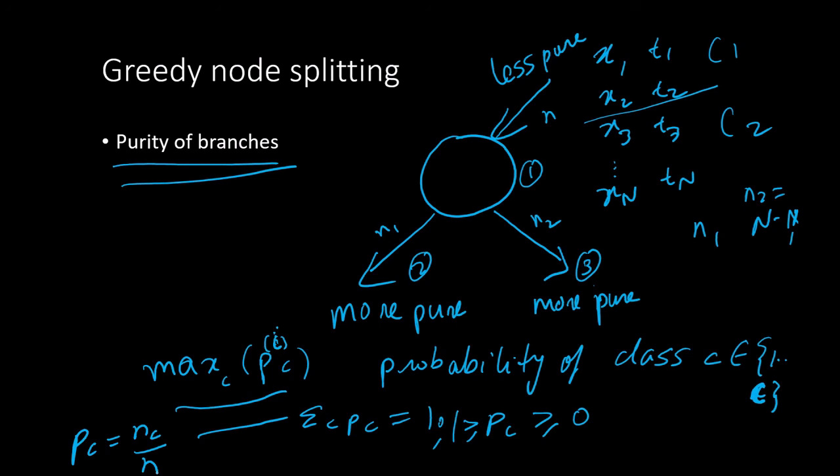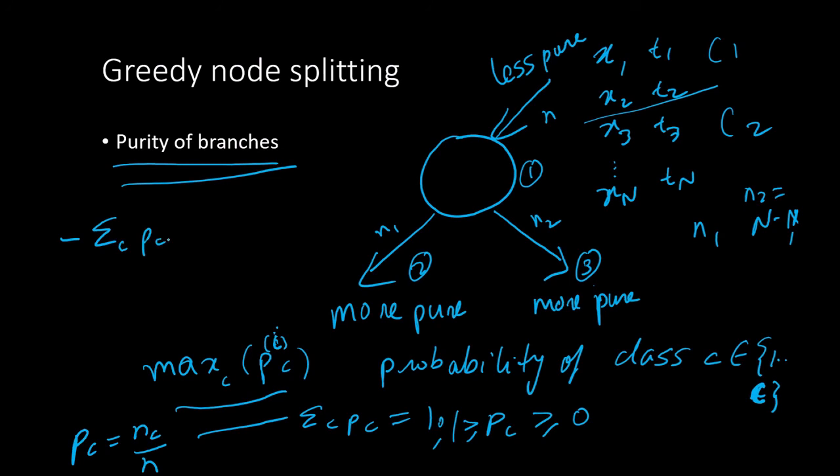The other way of looking at purity is to look at entropy. Entropy doesn't look at just the max. Your entropy is going to be the negative of the sum over C of PC times log of PC.